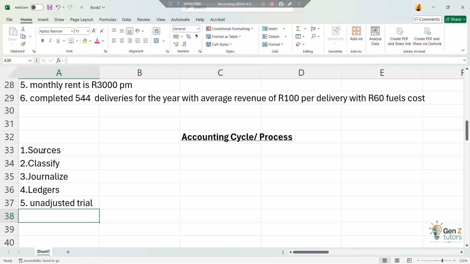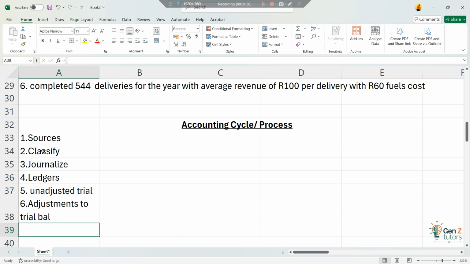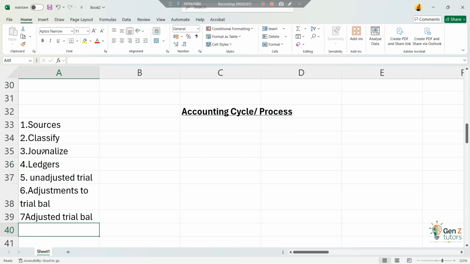Then from there you will continue to do your adjustments to trial balance. Then after that you prepare your adjusted trial balance.